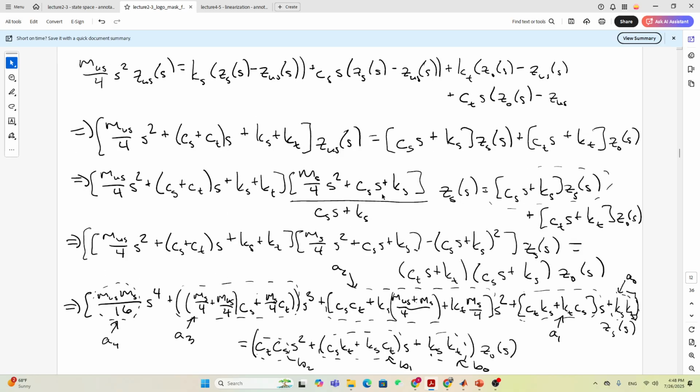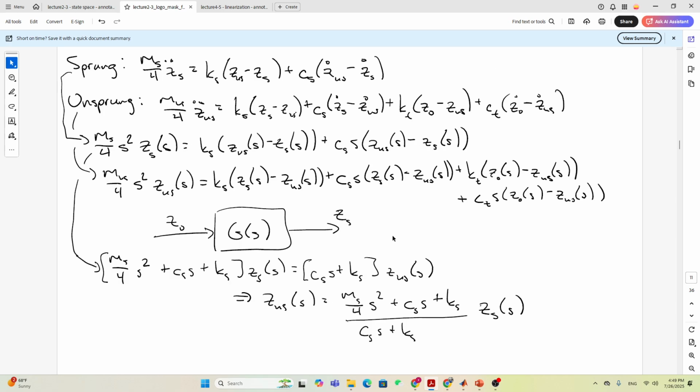So keep going. The very first row is the Laplace domain of the unsprung mass representation. As we already know the relation between unsprung mass and sprung mass from the last video, you simply plug in. If we go back to the previous slide, you can see z_u of s, the last equation, equals to this coefficients times z_s of s, right?